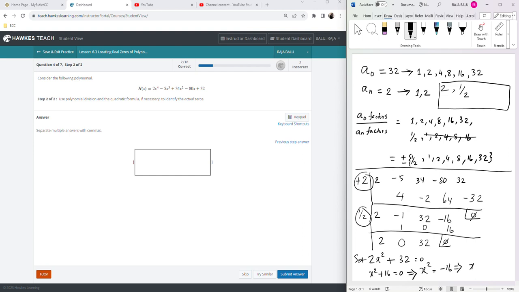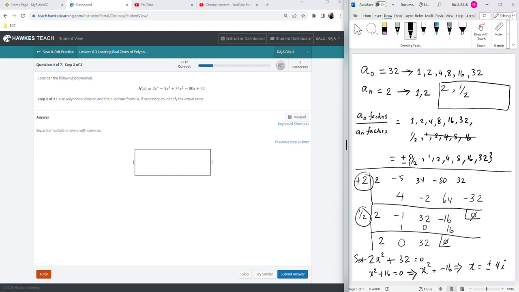Take the square root of both sides, put plus minus, and you get plus or minus 4i. So you have used polynomial division and the quadratic formula as necessary to identify the actual zeros. Actual zeros are 2, 1/2, plus or minus 4i.